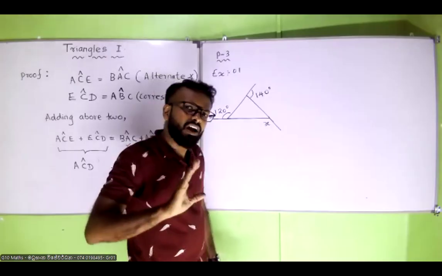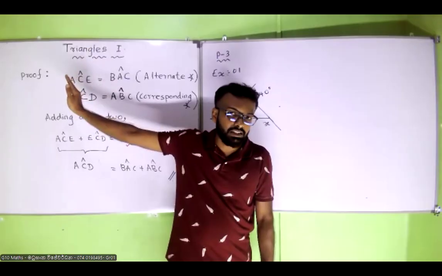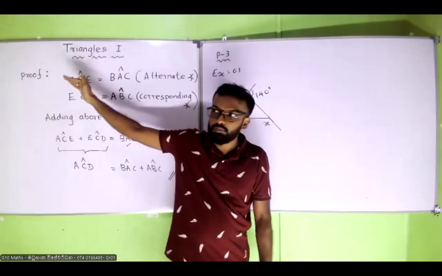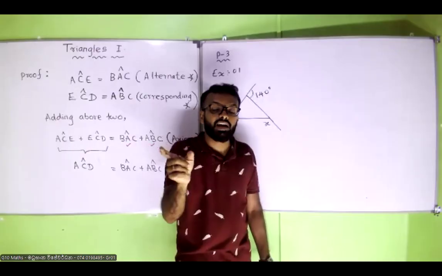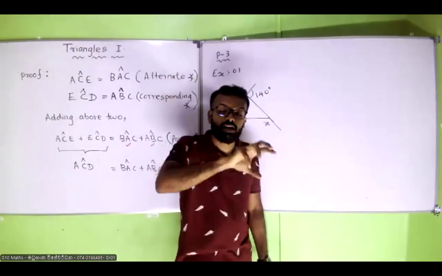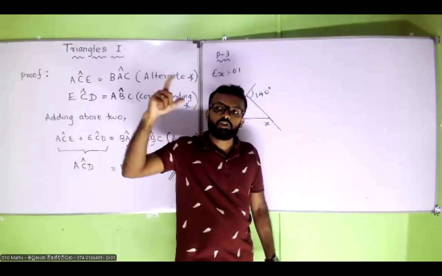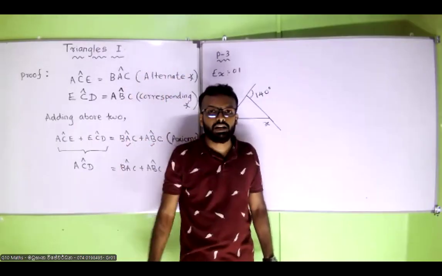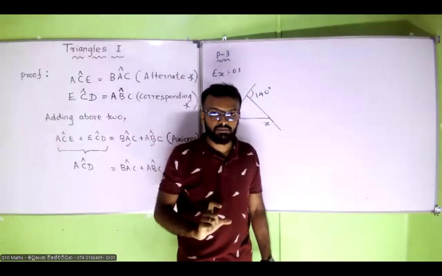But what we have learned here is the exterior angle theorem from scratch. We extended the side of a triangle and formed an exterior angle. For that exterior angle, we got a theorem: the summation of the two interior opposite angles is equal to that exterior angle. So we are going to use that here.